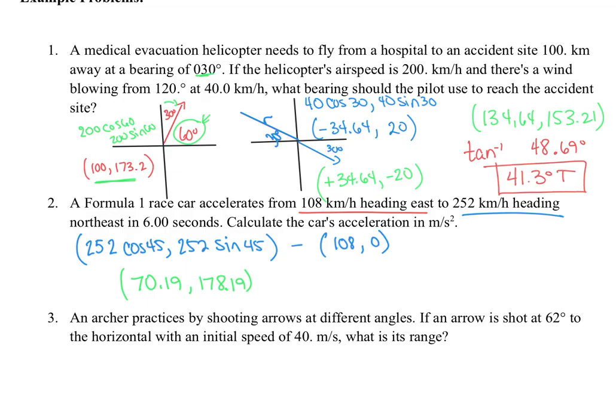Because it wants its acceleration, we have to first calculate velocity, which is my magnitude. So you're going to do your x squared plus y squared to get my magnitude. 191.5 kilometers per hour. Acceleration is in what? Meters per second squared. So I naturally have to do a conversion here, right? So my conversion, remember, 1 kilometer per hour is the same thing as 1,000 meters per 3,600 seconds.